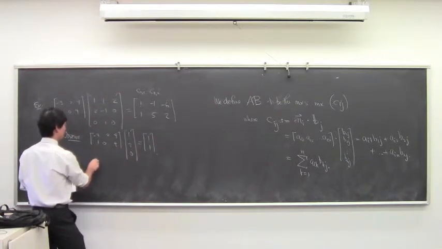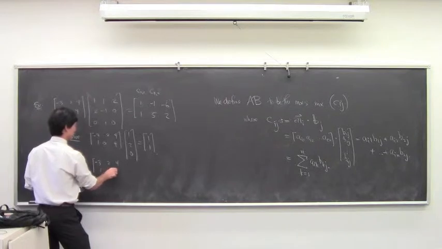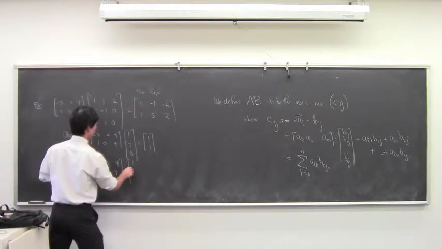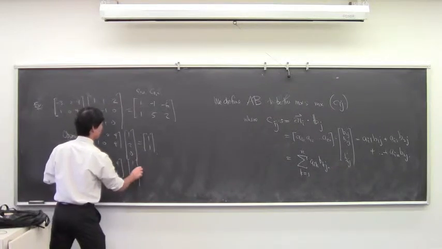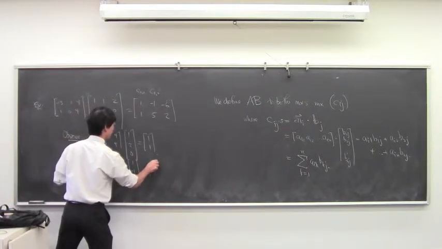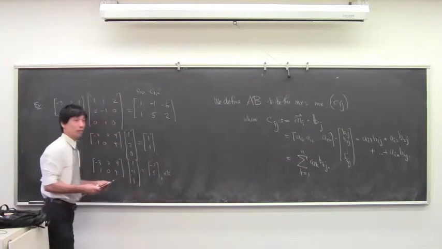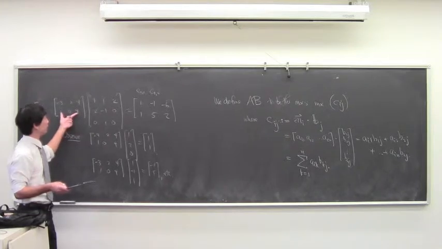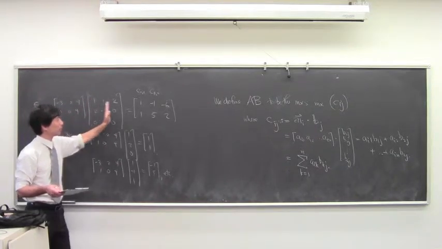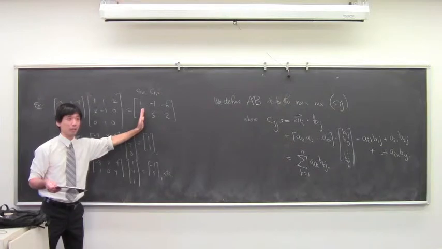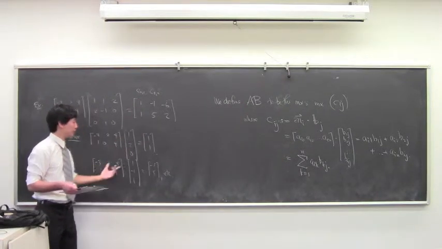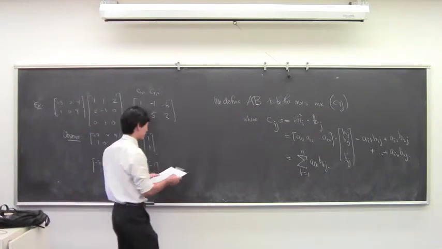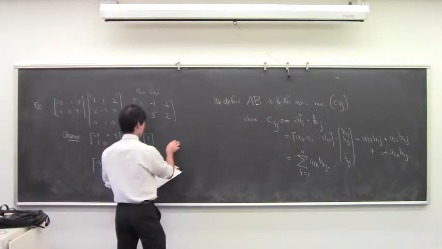If we take this against the second row, second column, we get -1, 5, etc. So if I apply this just to the first column, I'm going to get the first column of the product. I apply this to the second column, I get the second column of the product, et cetera. So the observation is this.